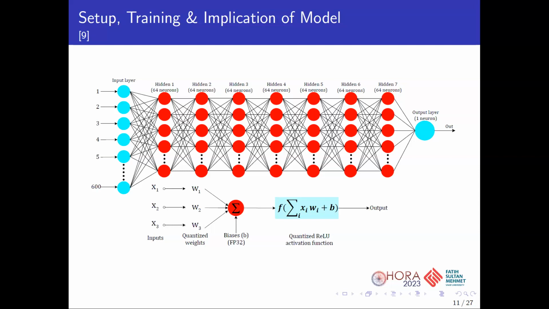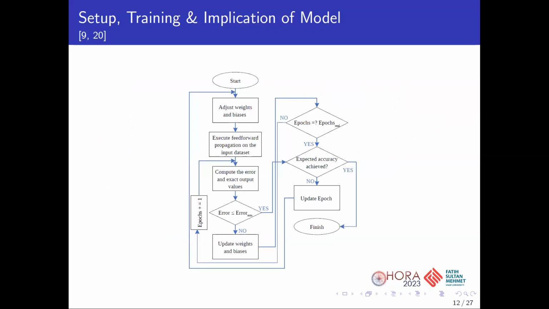So we optimize our model using the ADAM optimization method. It's a classical optimization method. And we followed the algorithmic flowchart presented here to train our model, which is given in the previous slide. The flowchart's first step was randomly determining the model's weights and activation function. Next, we performed feed-forward propagation using the input dataset, and we initiated an evaluation to quantify the deviation between the predicted outcomes and the actual results.